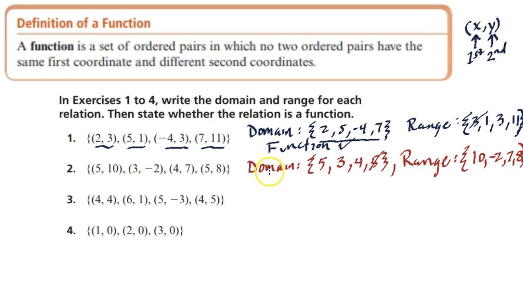So now, is it a function or not a function? Looking again at this definition, no two ordered pairs have the same first coordinate. We have the same first coordinate and different second coordinates. Bad. So the idea with a function is that when you plug in a value into the function, you have to have a unique value out.